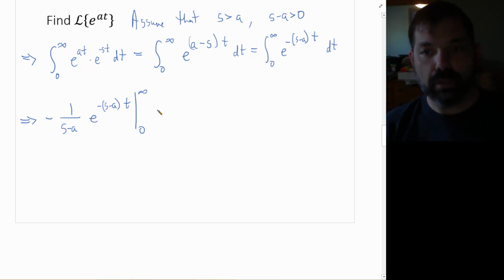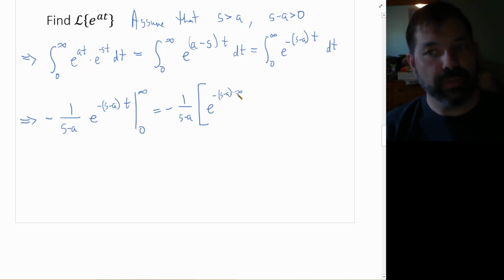Alright, now letting t equal infinity. Remember then 1 over s minus a is a constant, and really I can't forget that negative. We have negative 1 over s minus a. Now substituting infinity, I would have e to the negative (s minus a) times infinity. Well, since s minus a is greater than 0, this term is going to go to 0.